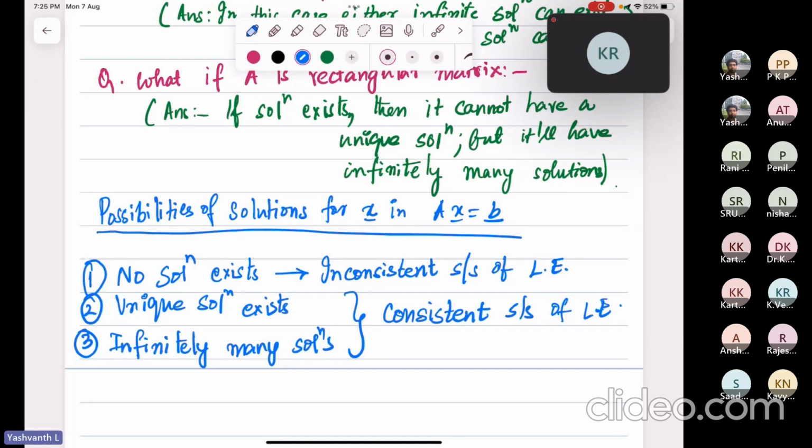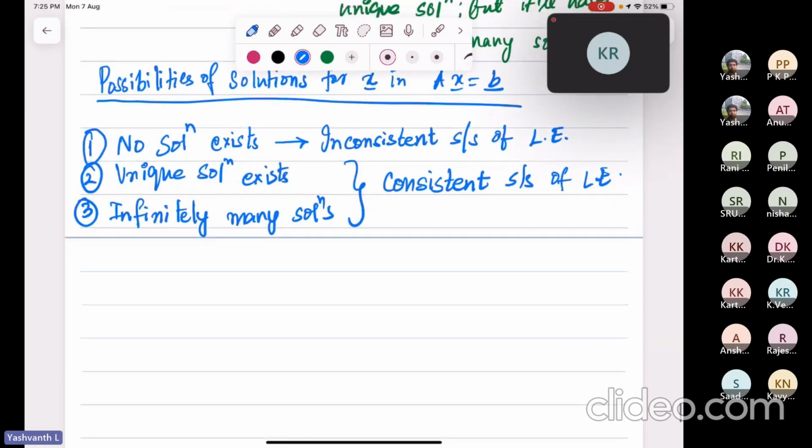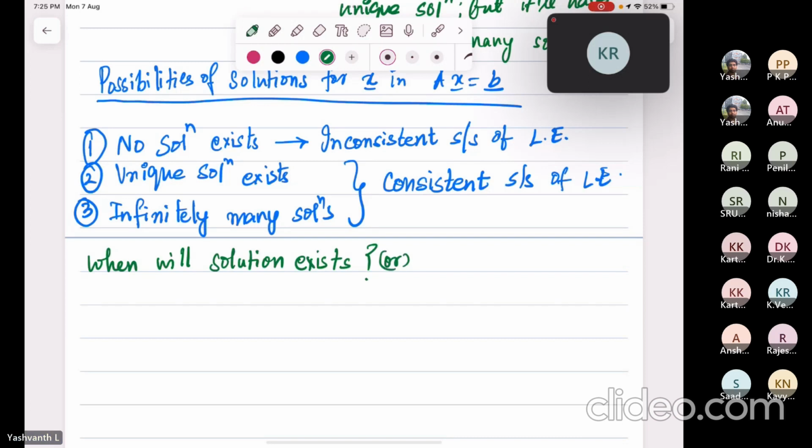After seeing all of these, we will take examples and that will complete this module. So first, we will see when a solution will exist, or when a system is consistent.